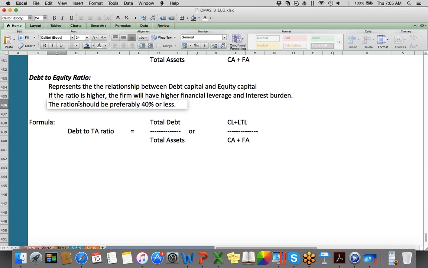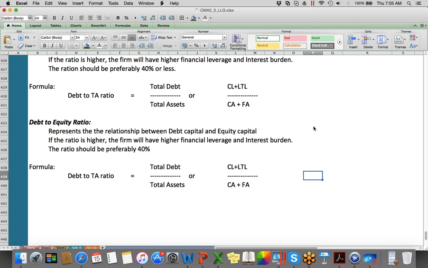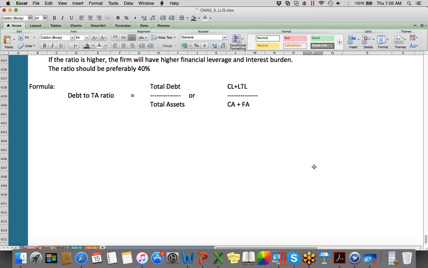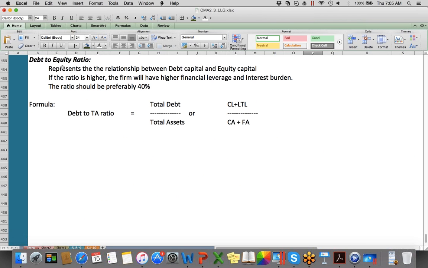And this ratio should preferably be less than 50%, but 40% is good. Why? Because if you have 50%, 50%, then here you have around how much? If this is 60, it will be 30. Yeah, 50% is also okay.